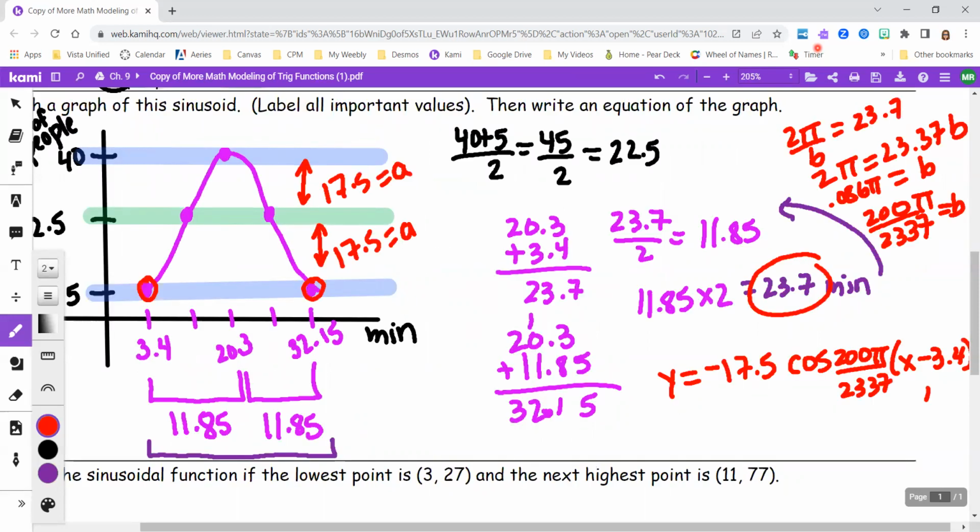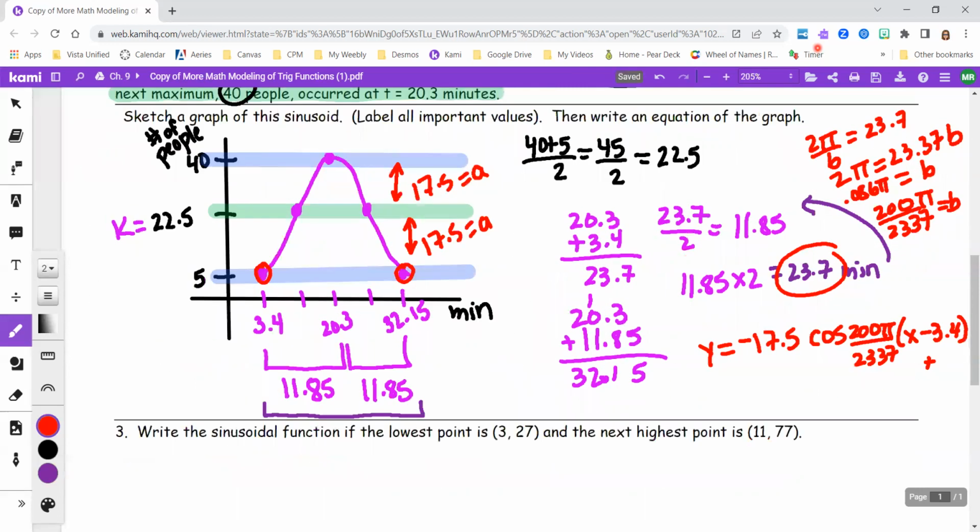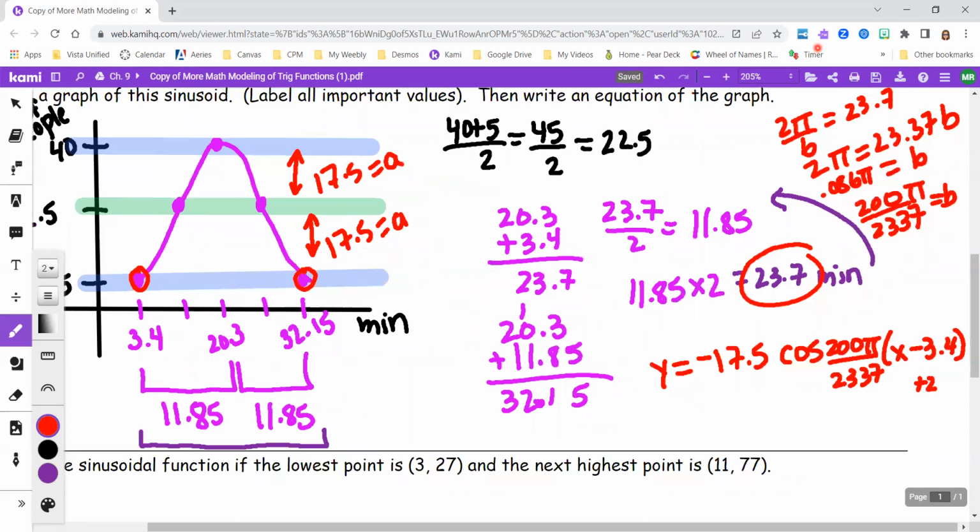And then I'm going to go plus my k, which is 22.5. And that's our equation.